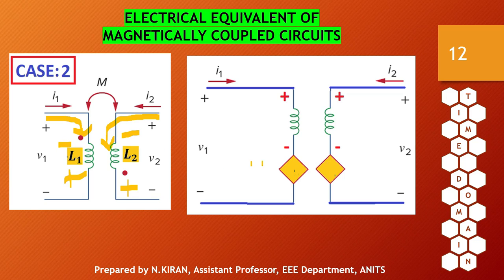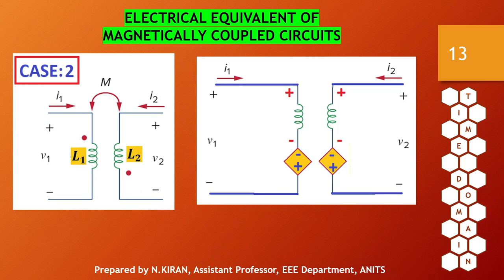So in the first dependent source, I will get negative at the top and positive at the bottom. In the second coil also, negative will be at the top and positive at the bottom. So this is the polarity that I will get for mutually induced EMF in this case.